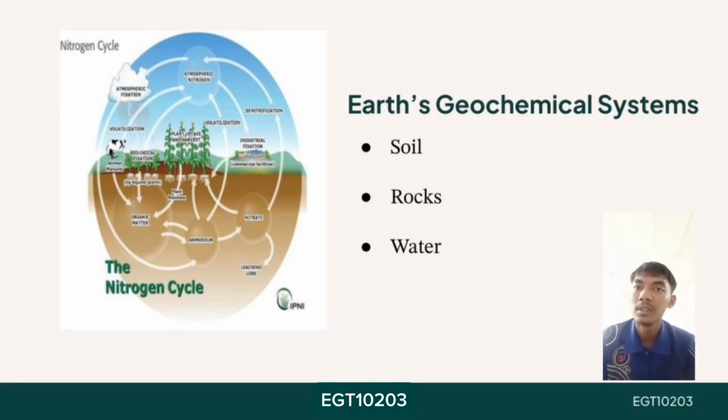For example, rainwater can break down rocks and carry minerals into the soil, or elements in the soil can dissolve into rivers and travel to the ocean. This interaction creates complex but fascinating cycles that maintain balance.